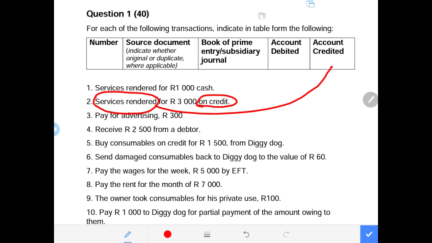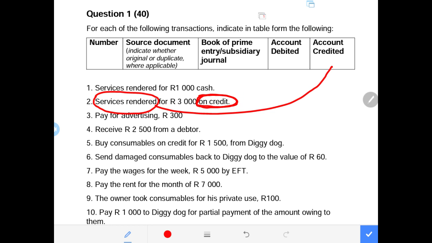Remember, when we are rendering a service, it's like we are providing our service to a customer, or selling a service to a customer. Because the customer did not pay us, that is called on credit, or sometimes the term on account.